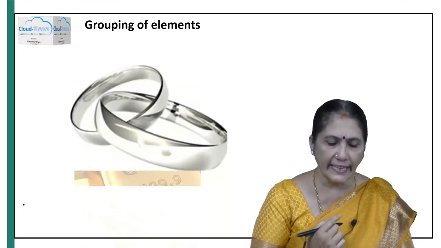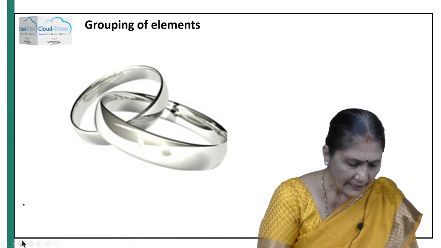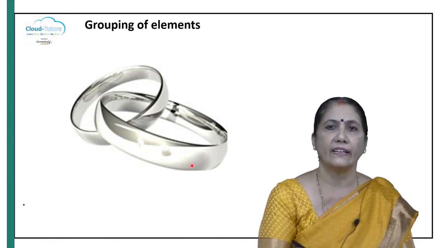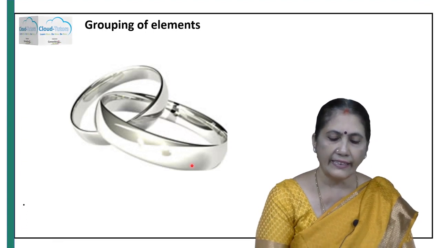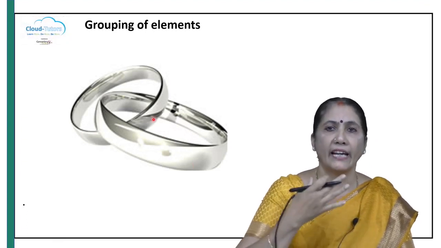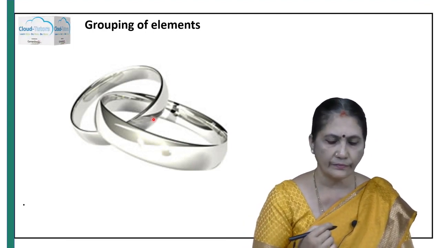Now, let's see the next element which is coming up. This is silver, given by the representation Ag. It is again a metal which has extensive application in the jewelry industry.